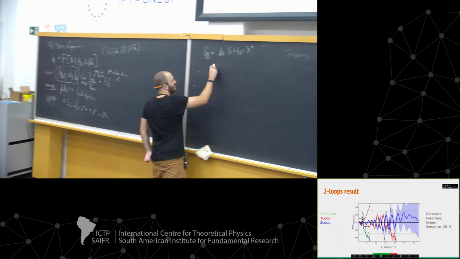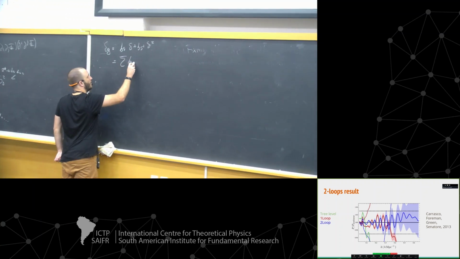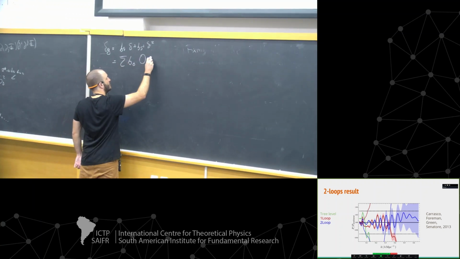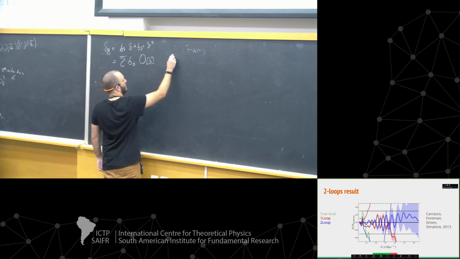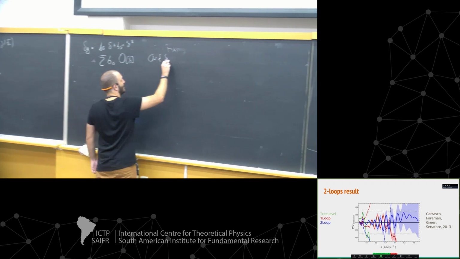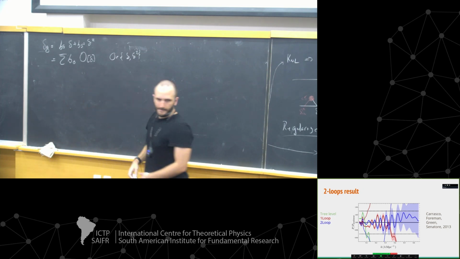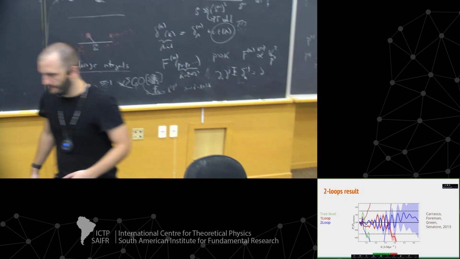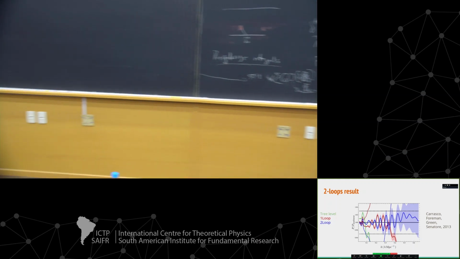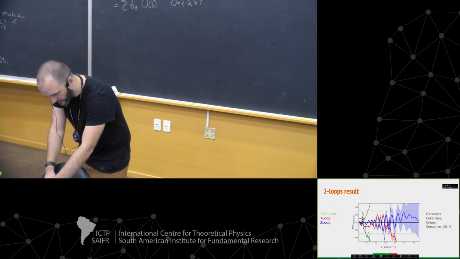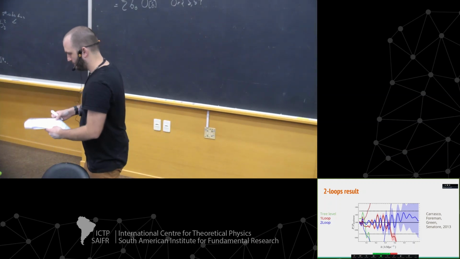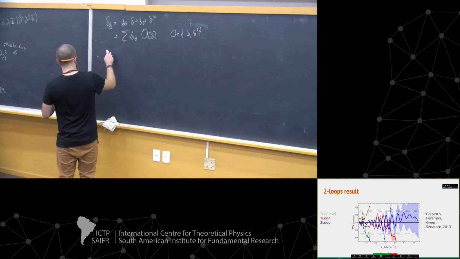So it means that we have a sum of B O's of delta here, in which O's are equal to delta and delta square. So the problem now is that if you take these bases, there are the following questions we can try to address.